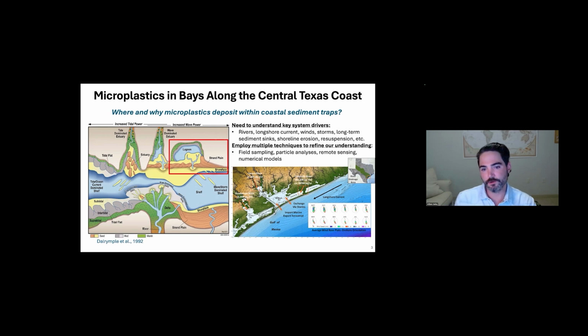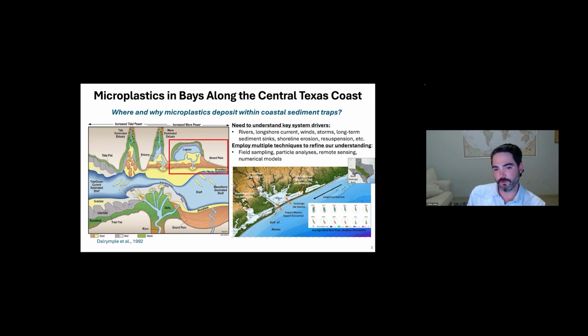So to better understand this system and how microplastics may be sorted, we're looking at rivers and currents as sources, and then key drivers such as winds and storms as routing them through the system, and then other processes that may be relocating them and reducing their preservation potential, which are either shoreline erosion or resuspension.